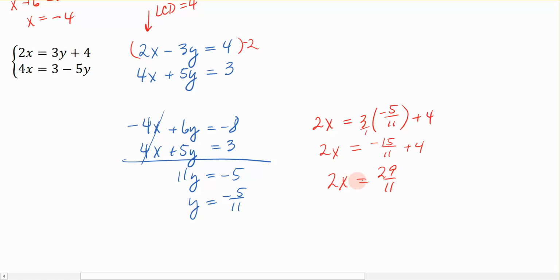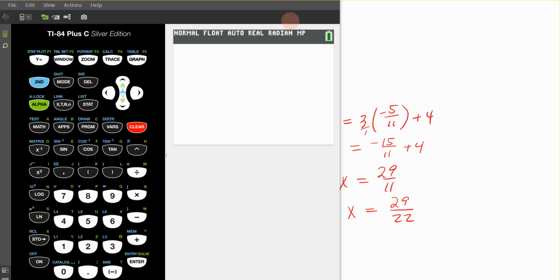And then when I divide both sides by 2, that's the same thing as multiplying both sides by 1/2, I end up with 29/22.